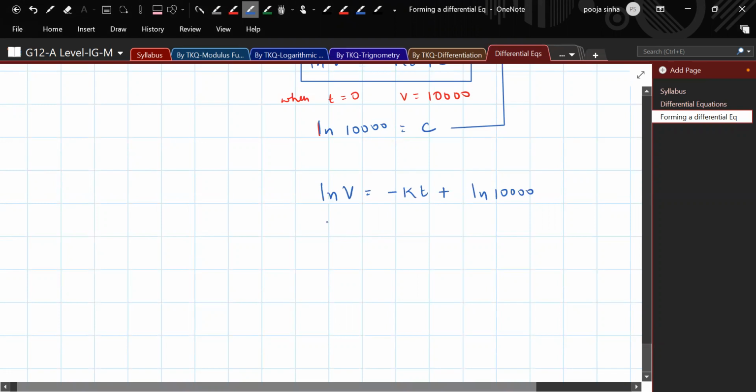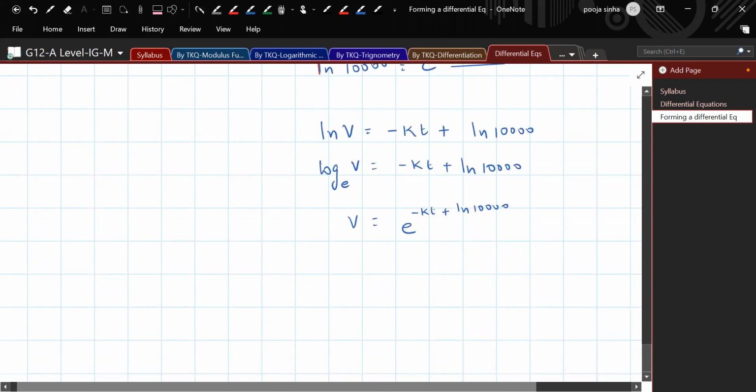Now this becomes log to the base e of V is equal to minus kt plus ln 10,000. यही मतलब होना इसका? Yeah. So which means V will be equal to e to the power of minus kt plus ln 10,000.